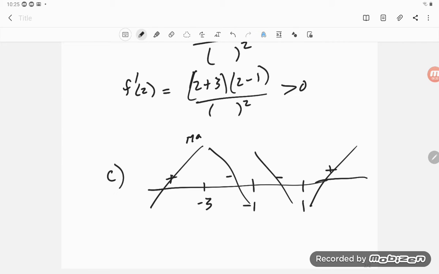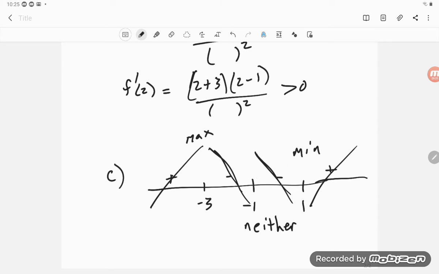Okay, so there's a max, there's a min, and here, now, I know this is neither. One reason I know it's neither is simply looking at the theorem: that's negative slope, so it's decreasing on both of those, so that would not be a relative extrema.